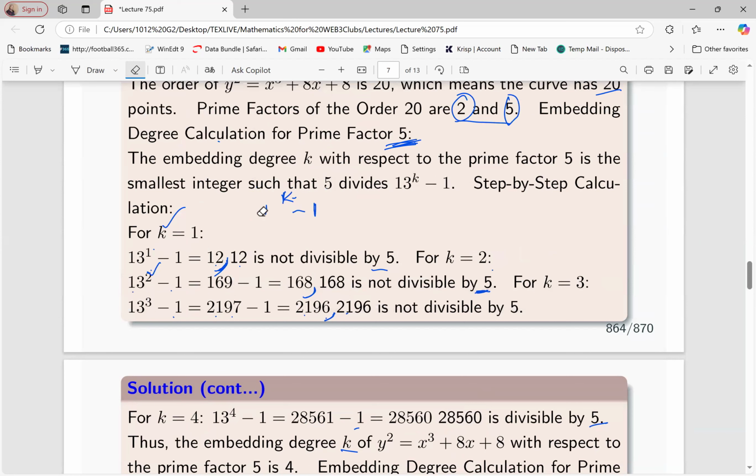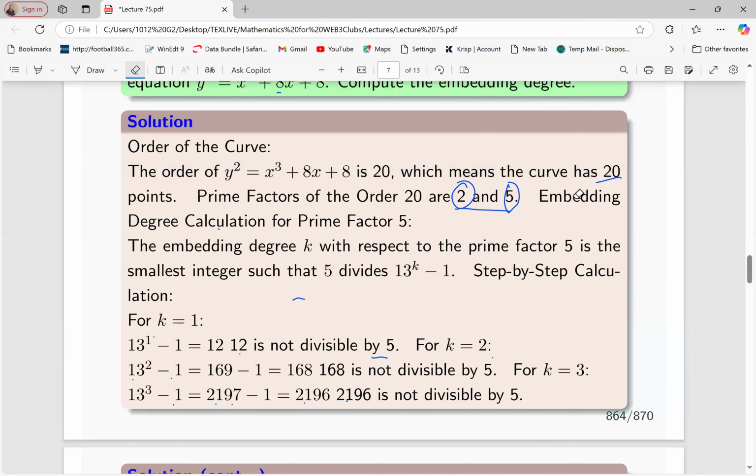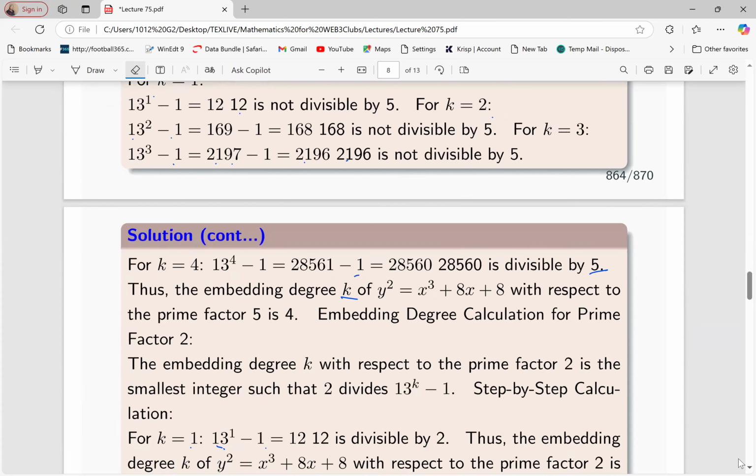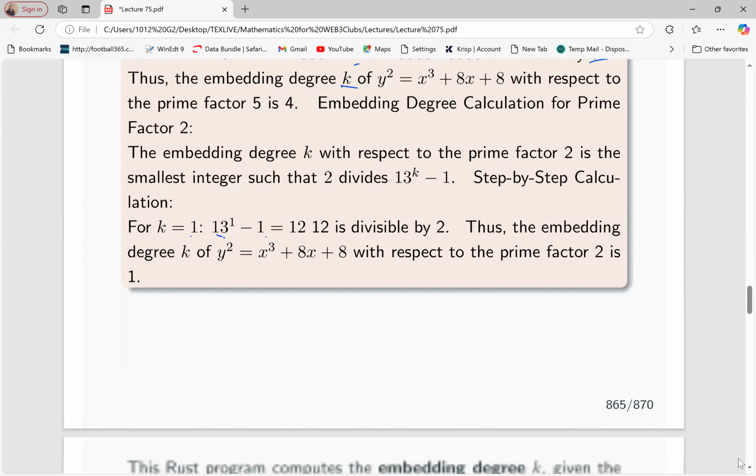But in the future, we'll be seeing how this embedding degree will be very useful, because we'll be using this bilinear pairing in signatures and also in encryption and decryption. We're looking at the discrete log problem in elliptic curves, and we'll see how this is very relevant.